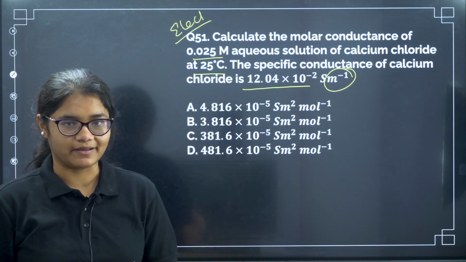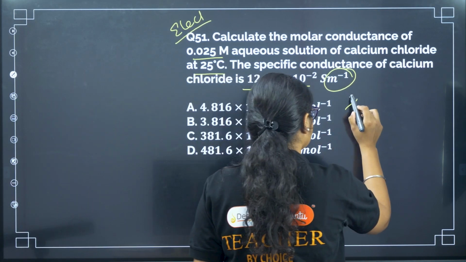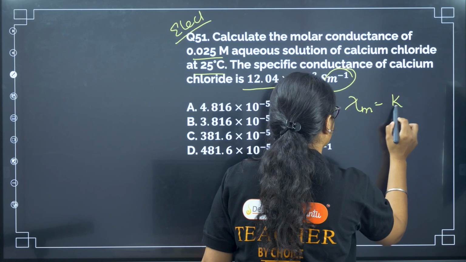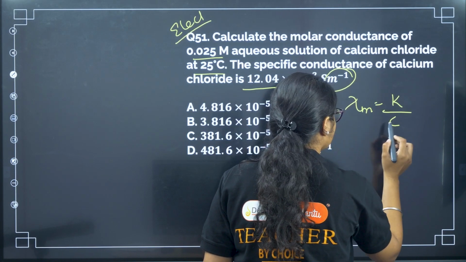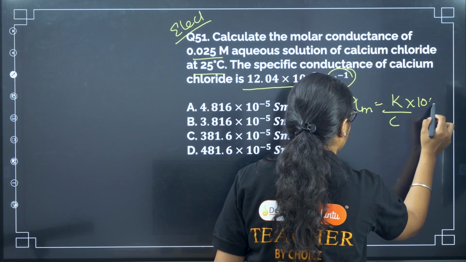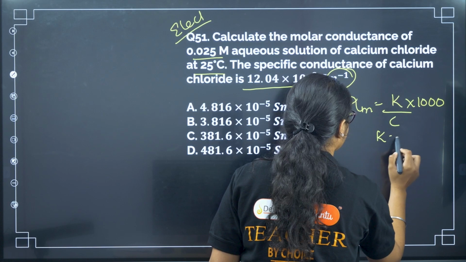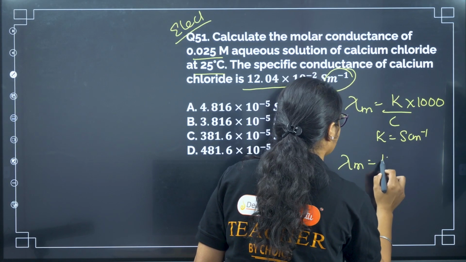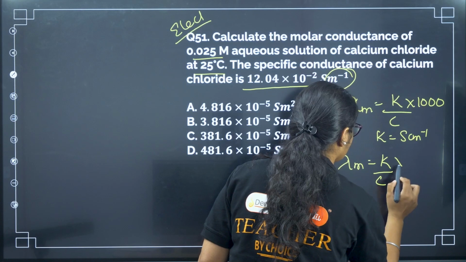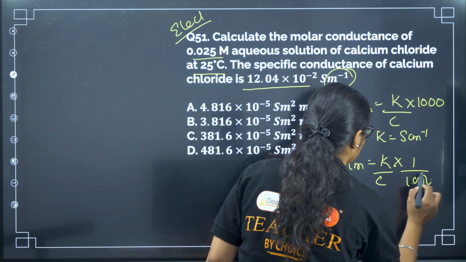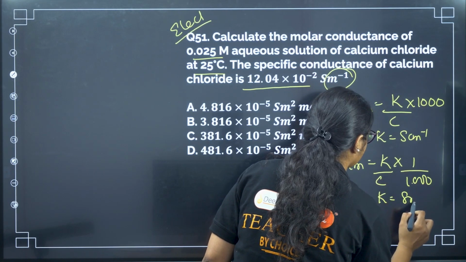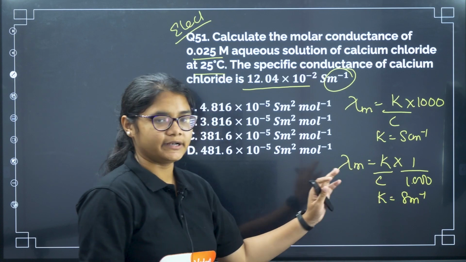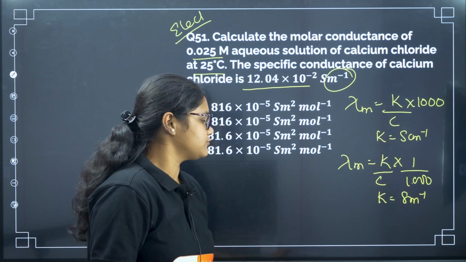We know lambda m is equal to kappa by C. So kappa into 1000 by C if the kappa unit is in S centimeter inverse, and lambda m will be equal to kappa into 1 by 1000 if the kappa unit is in S meter inverse. This is very important. Here it is in meter inverse, so we'll be using this formula.